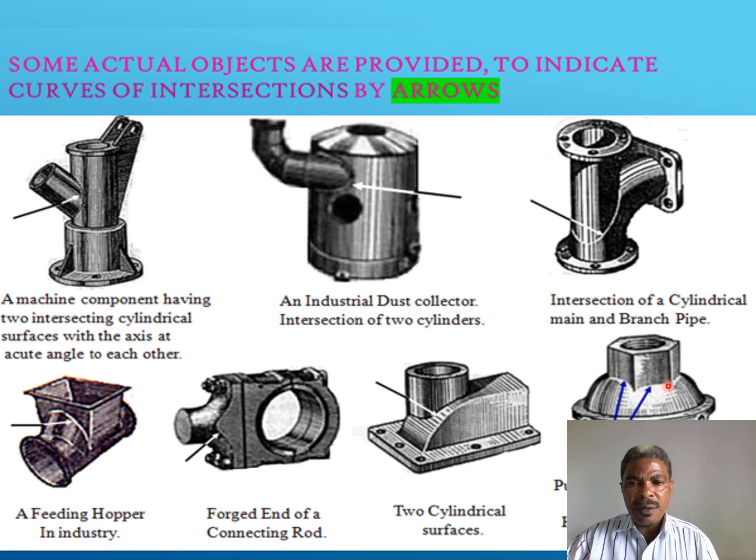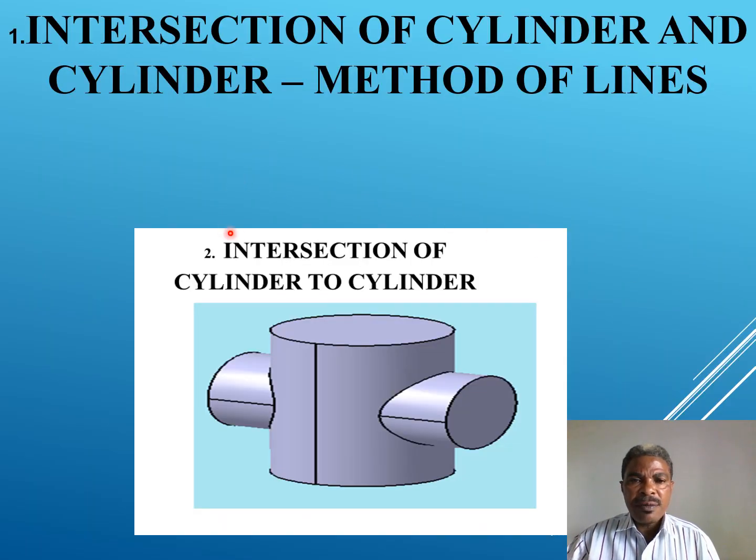You can see how it is formed for a prism and a cylinder, and cylinder to cylinder. As you can see here, cylinder to cylinder. Here is how it is formed. So first, we have to demonstrate a standing cylinder being interpenetrated by a horizontal cylinder, which is smaller in size in comparison to the standing cylinder.